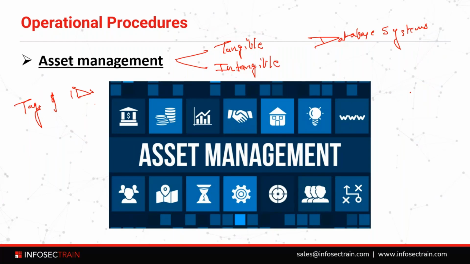Then we also have network topology. So we create network topology diagrams. A diagram is the best way to show how assets are used in combination to deliver a service. A network topology diagram shows how assets are linked as nodes.